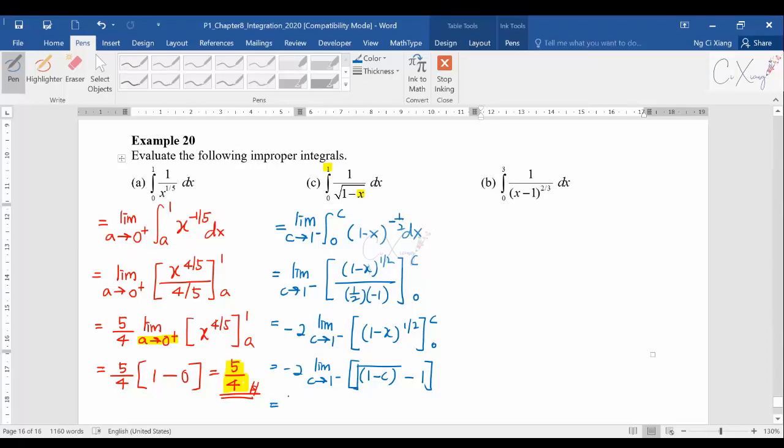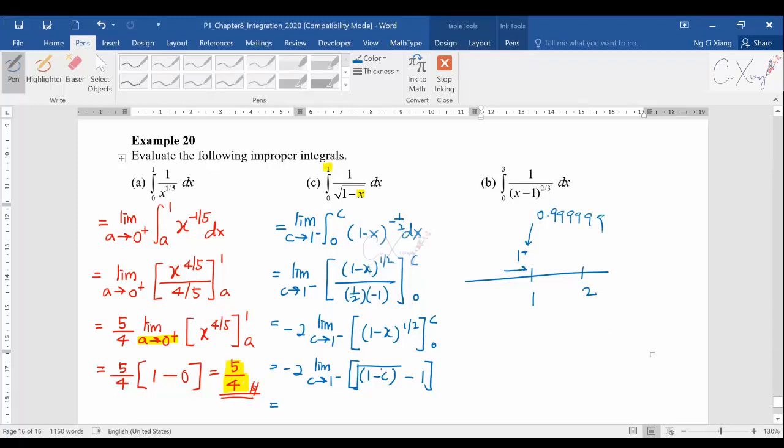Now you can imagine I want to put in the value c as 1 negative. If this is 1, where is 1 negative? 1 negative means from the left-hand side. After that you get a 2 on the right. Now I want a value very, very close to 1, but from the left-hand side of 1, so it should be 0.999999.